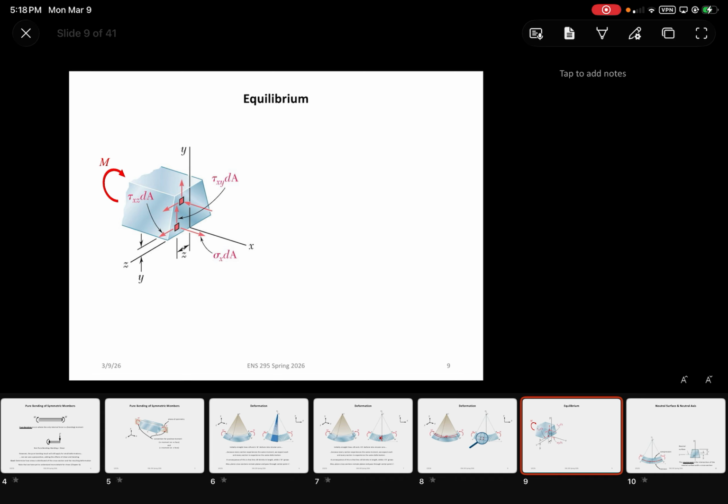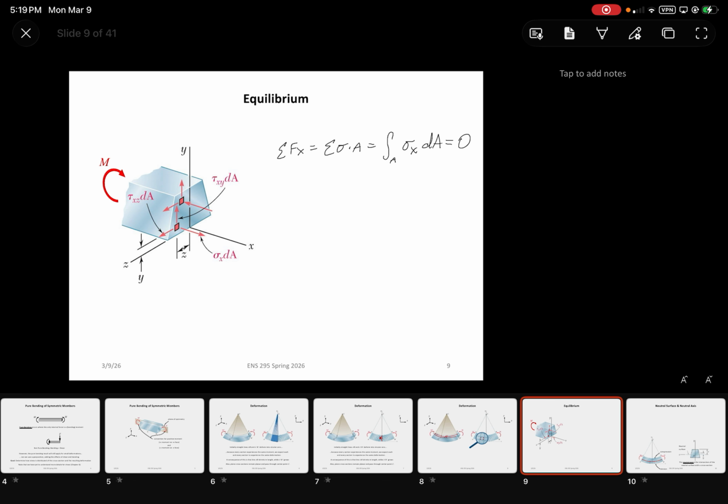So, we look at the sum of the forces in the x direction, and the sum of the forces in the x direction is basically just going to equal the sum of all of the stresses multiplied by their perpendicular areas, right? We learned this from the very initial part of the semester, which we can then just generalize to an integral over some particular area of sigma x times dA, and then this equilibrium has to result in 0 because it's an equilibrium.